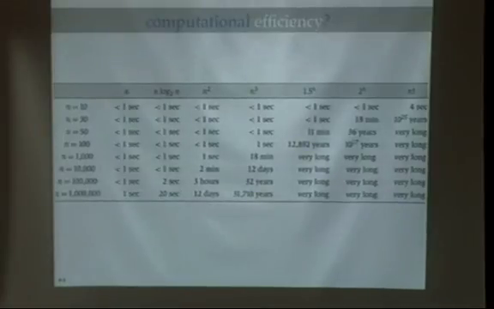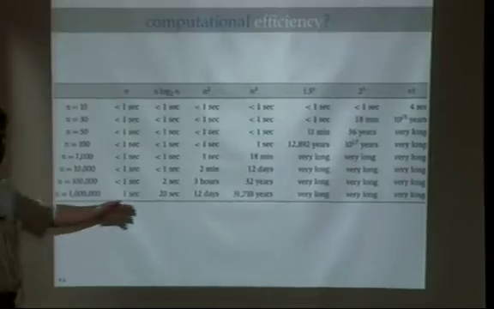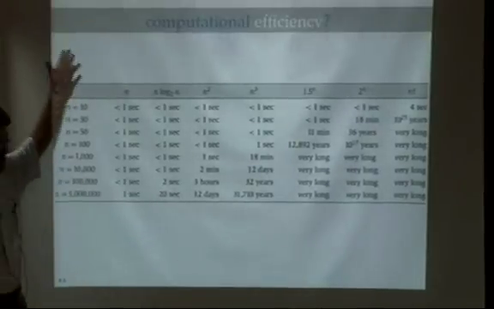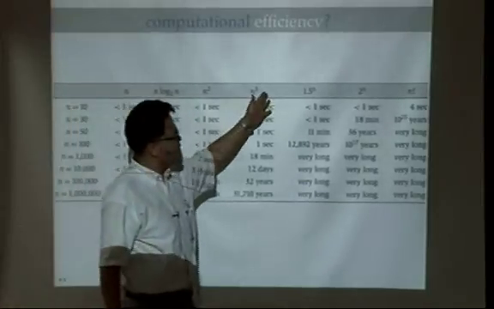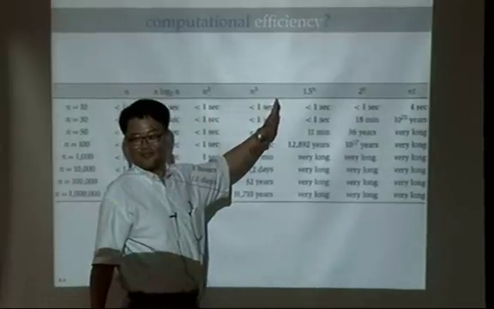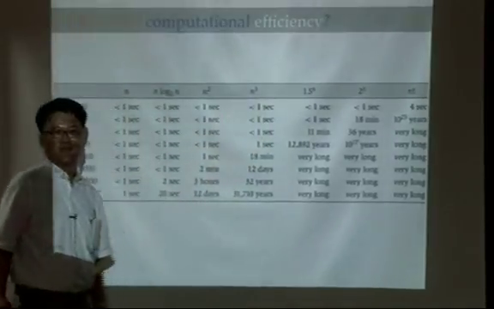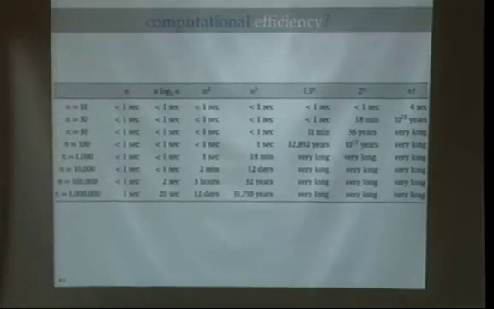We cannot even measure the time complexity, it's nonsense. So n squared is still okay, right? There is some boundary here. Most algorithms up to here are called polynomial time, but already n cubed is quite impractical in most cases. So we need to design efficient algorithms that take less time. This is called computational efficiency.